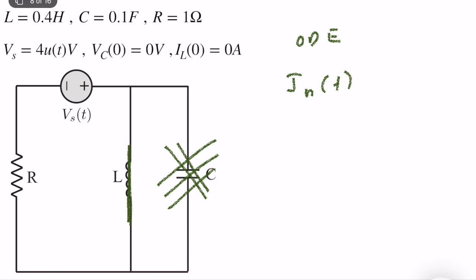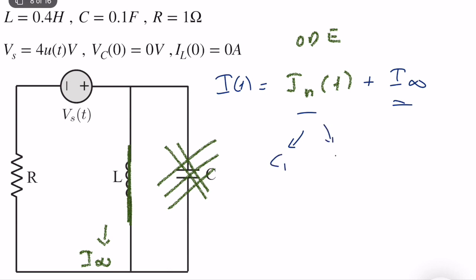Under these conditions, compute the corresponding variable's steady-state value, I infinity. So I of t is equal to I homogeneous of t plus I infinity. This is known, but in a formal way, because we have C1 and C2.